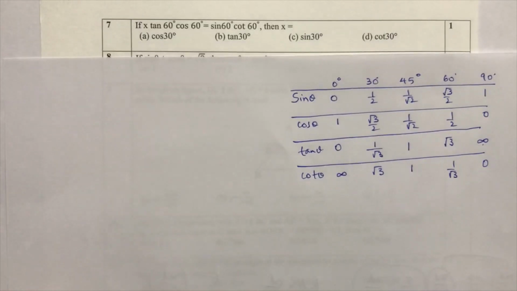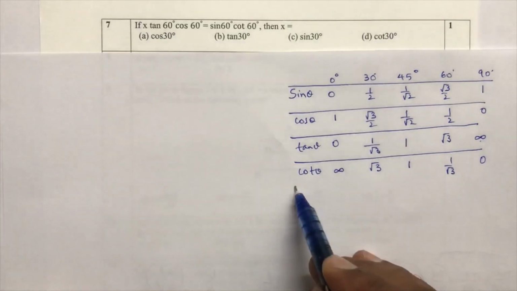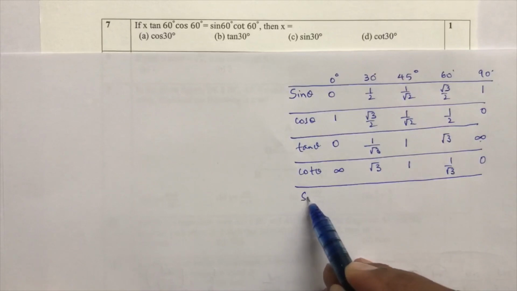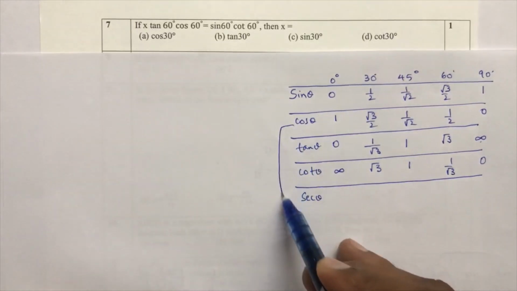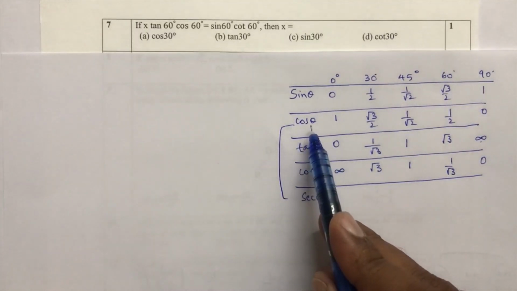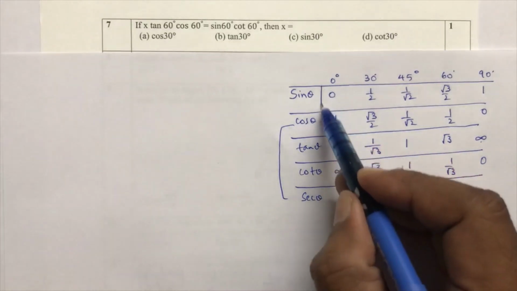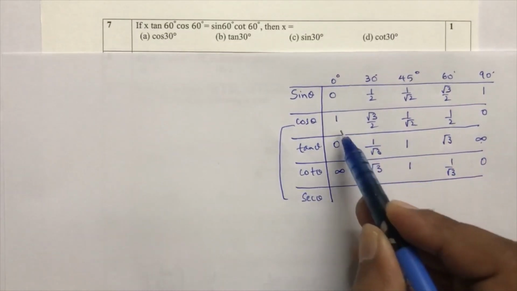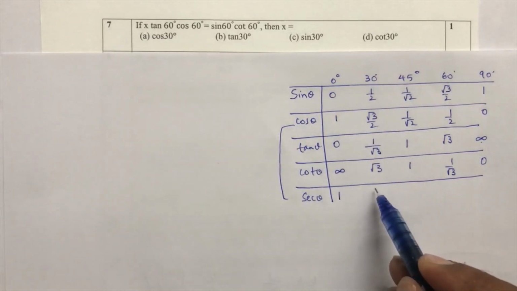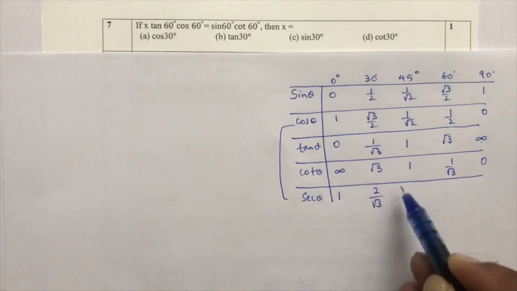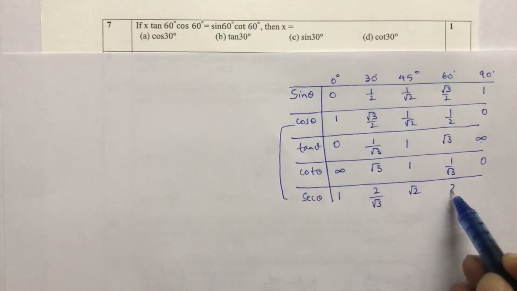Next, sec theta is the reciprocal of cos, because cos is adjacent by hypotenuse, and sec is hypotenuse by adjacent. So the reciprocal of cos is 1. Reciprocal of root 3 by 2 is 2 by root 3. Root 2 by 1, 2 by 1.